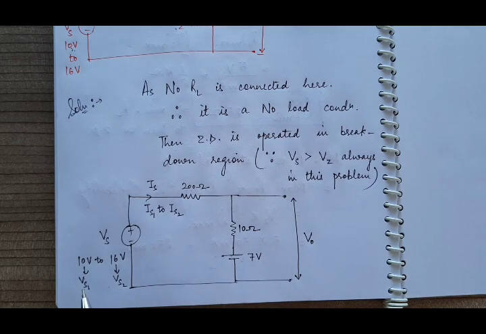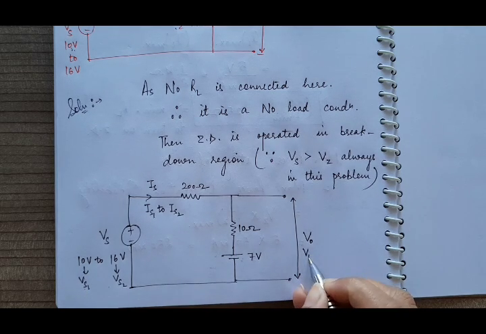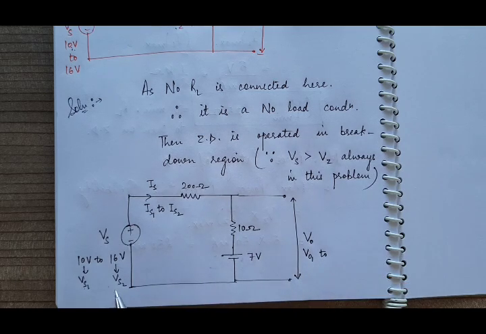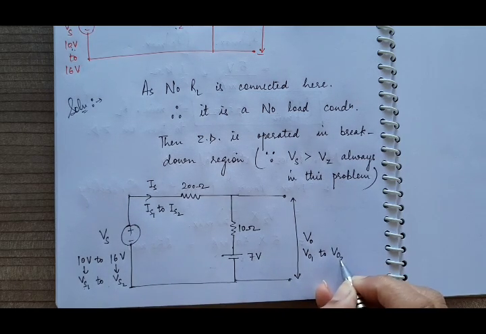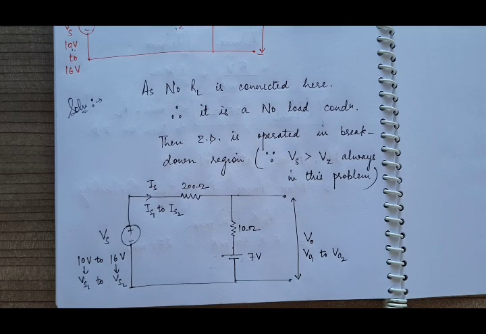And corresponding to this Vs1, this V0 will be V01, and corresponding to this Vs2, this output voltage will be V02. So to find the range of the output voltage, we have to find V01 corresponding to Vs1 and V02 corresponding to Vs2.